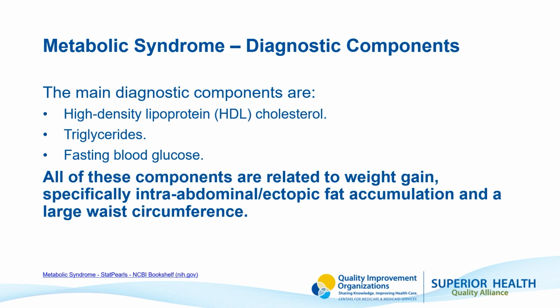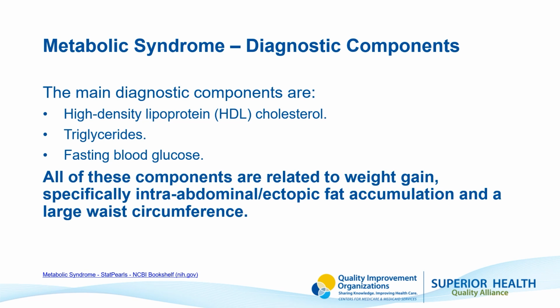The primary diagnostic components are high-density lipoprotein, that's the good cholesterol, triglycerides, and fasting glucose. All of these components relate to weight and weight gain, specifically intra-abdominal ectopic fat accumulation and a large waist circumference.